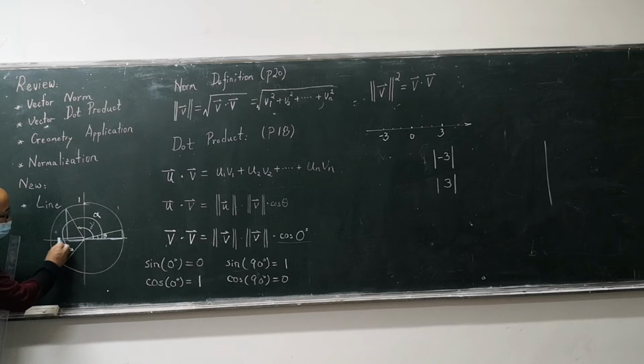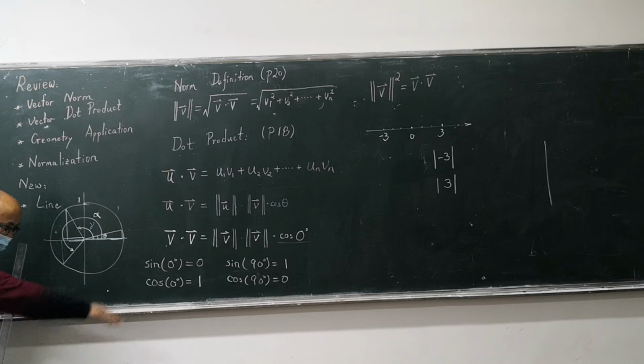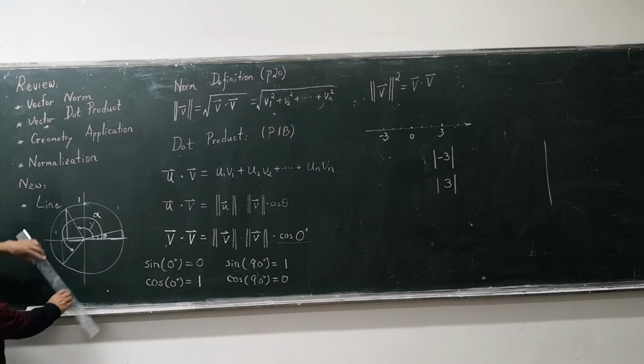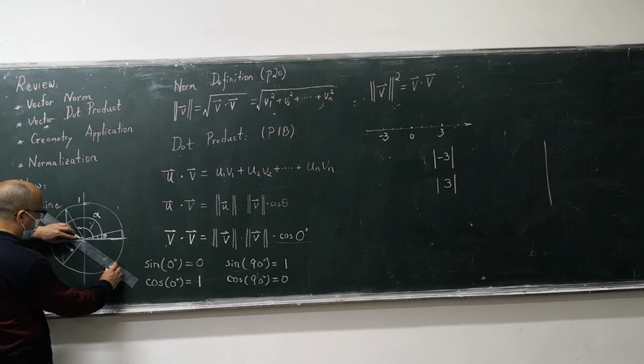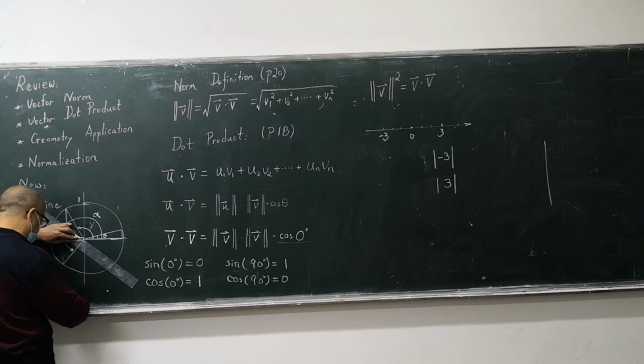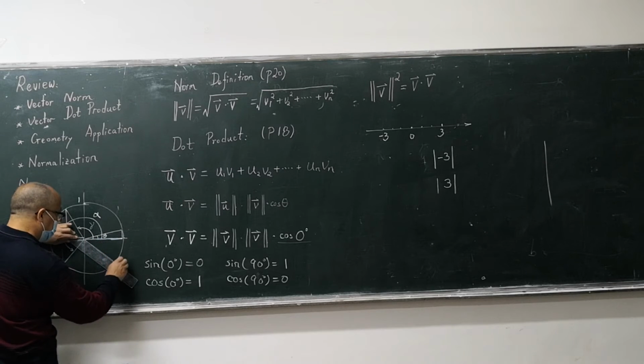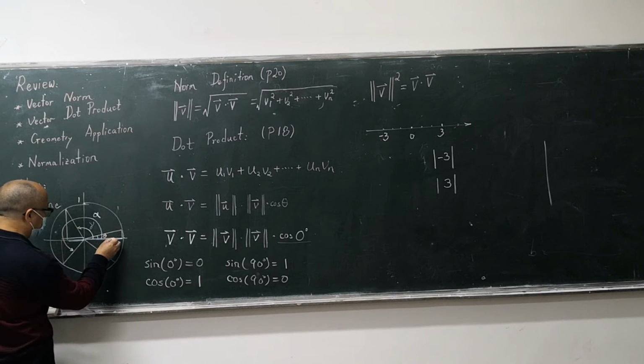Cosine is the distance on the floor. If it's on my back, then it's negative. Okay, if it's turned over here, I call this angle beta.